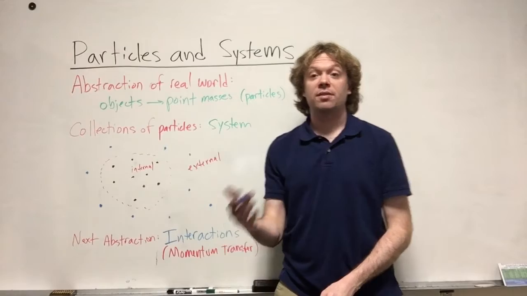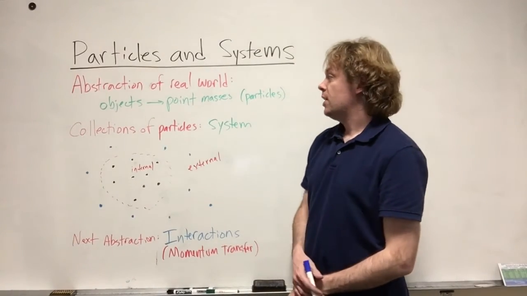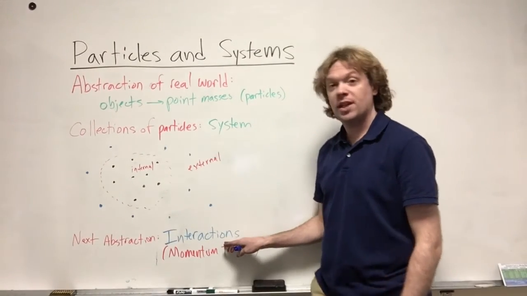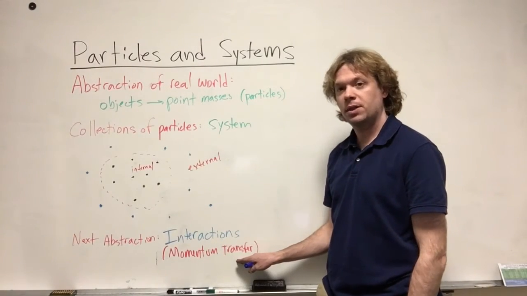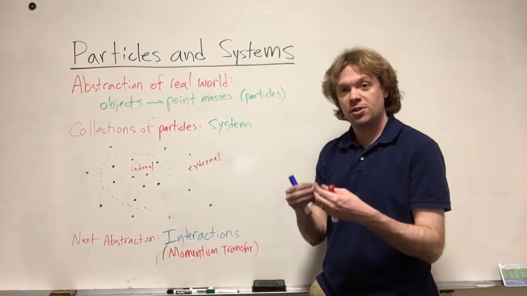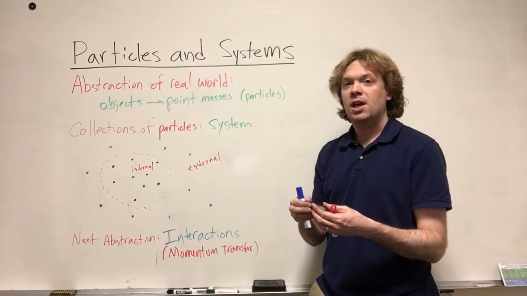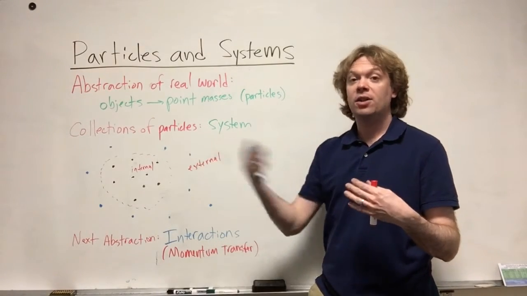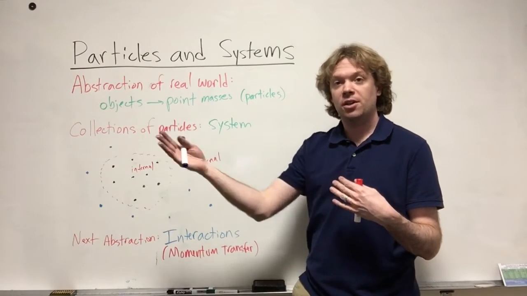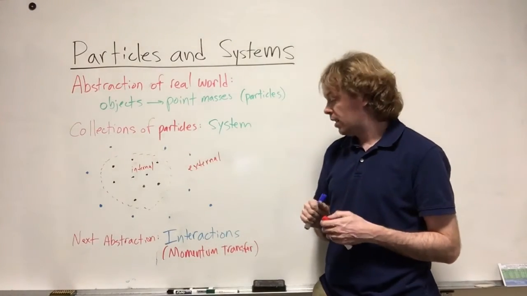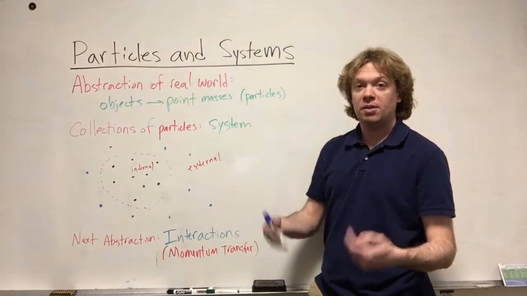Okay, so the next level of abstraction that we've been dealing with is once we have objects, we can have objects interacting with each other. And we've only so far dealt with momentum transfer between objects. So this is like if two objects are touching, they can transfer momentum. If two objects are far away from each other and there's a long distance interaction like gravitational interaction or the electromagnetic interaction, they can interact with each other as well, but they transfer momentum. That's what interactions do.